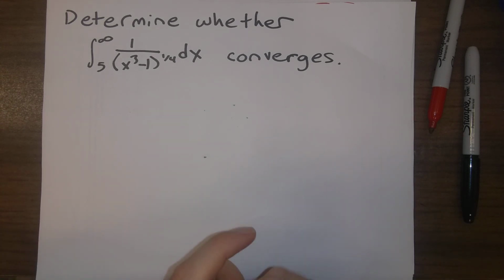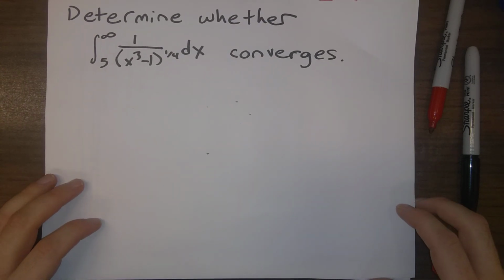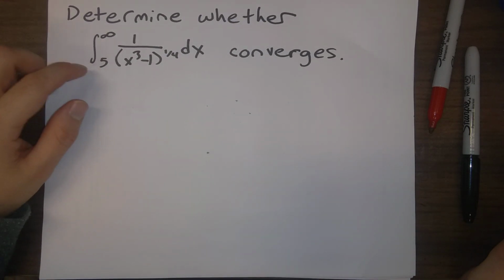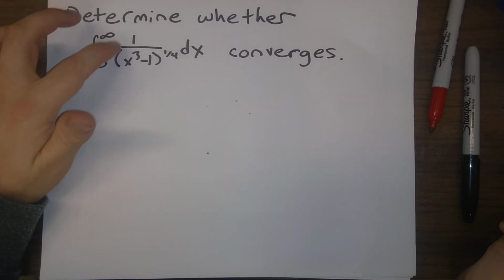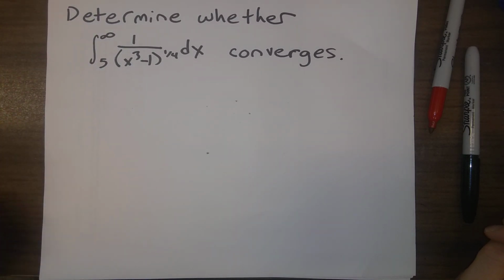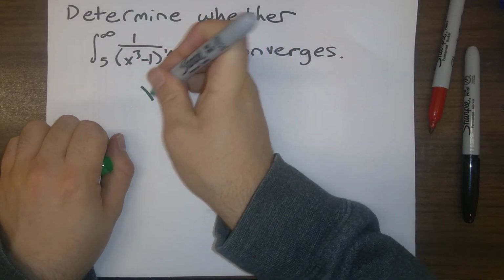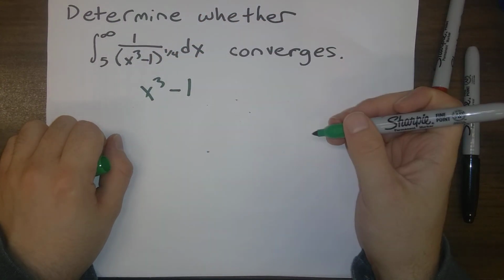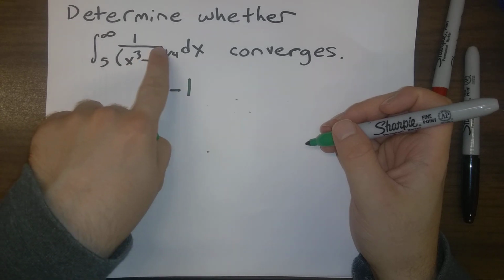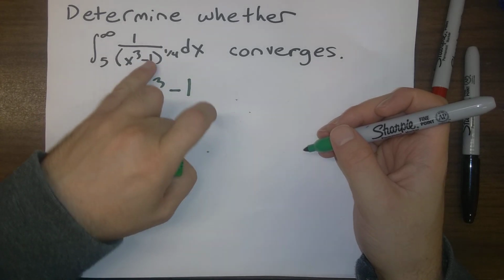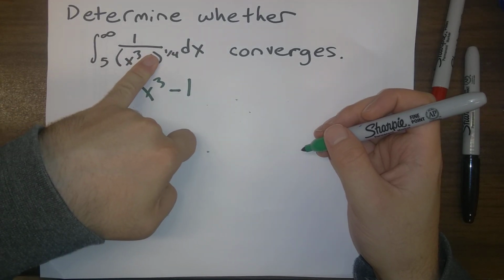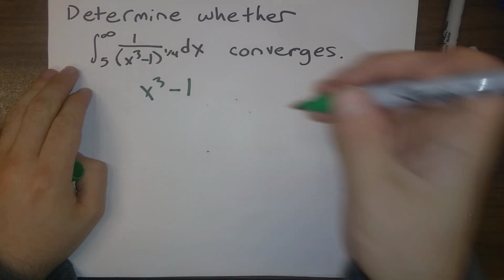Okay, let's do a paired example here. Determine whether the integral from 5 to infinity of 1 over x cubed minus 1, all of that to the 1/4, converges. Again, this whole thing looks kind of like x to the 3 over 4. We get rid of that minus 1, and the denominator is just x to the 3 over 4.